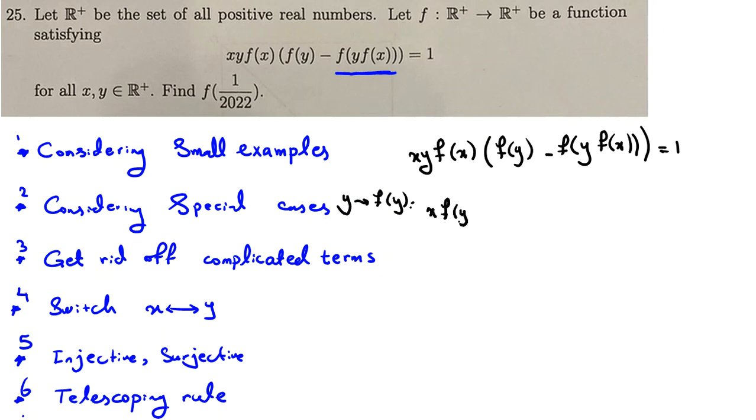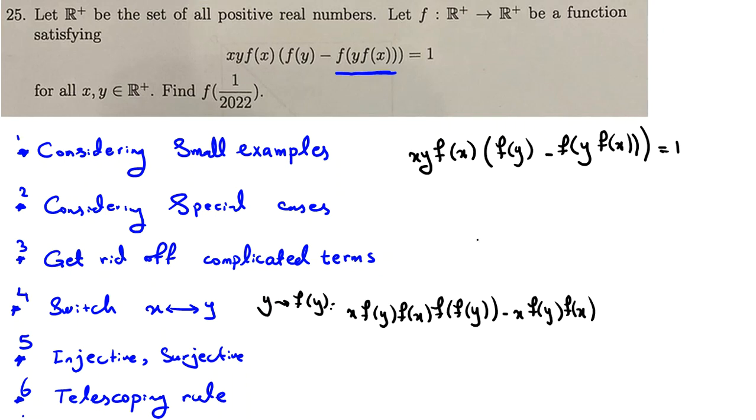x f of y, f of x times, let's expand. It will be what? f of y minus x f of y, f of x times... okay, now we have much space. x f of y, f of x minus f of y, f of x equal to 1.